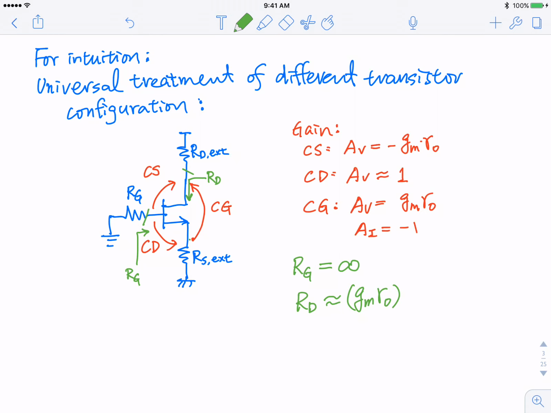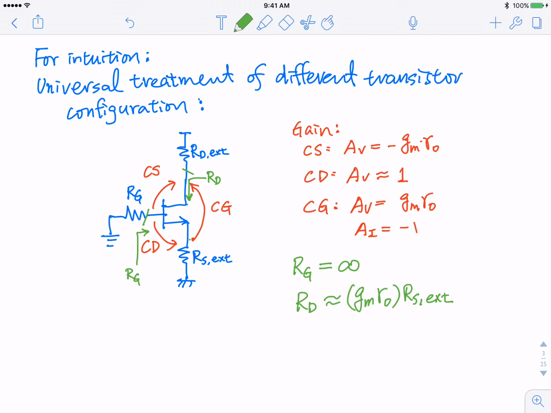This is a dimensionless number, just the gain. This external RS is being boosted up. So when you look down into a drain, when there's something hanging on the source, you see a very large resistance.